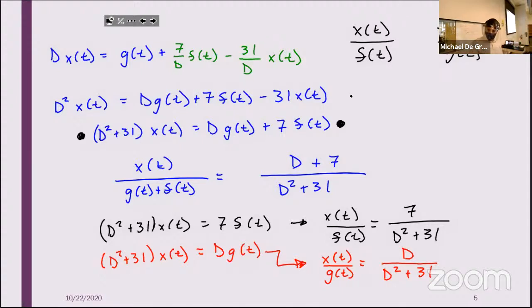Another thing to notice is that the total transfer function is just the sum of both of my individual transfer functions. If I add both of these responses together, I get d plus 7 over d squared plus 31. That's superposition, one of the characteristics of a linear system.